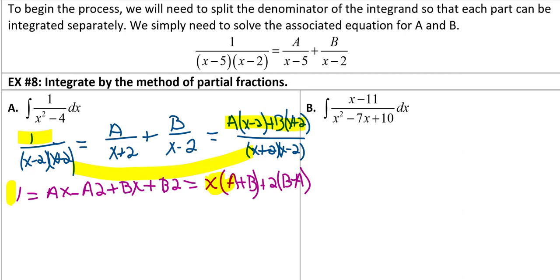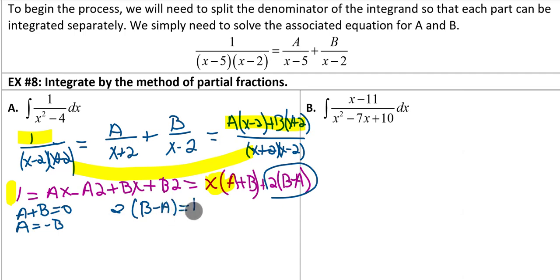That tells me A plus B has to equal 0, or in other words, A equals negative B. Then I can use that in this expression, because 2 times B minus A has to equal 1.